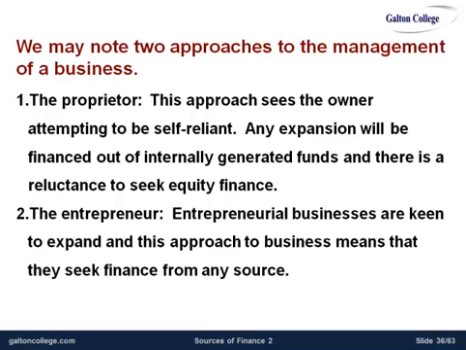They, generally speaking, do not like to go for equity finance. Second, the entrepreneur. These are keen to expand. Entrepreneurial businesses are keen to expand, keen to do things, to innovate, to export, and so on. And they're always, or generally speaking, in the market for money. They like to raise cash to expand their plans.